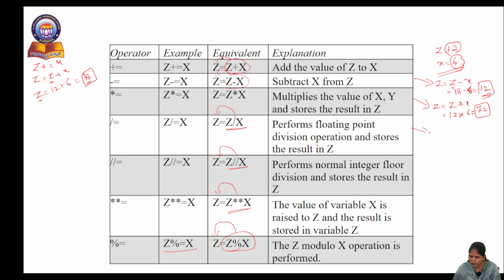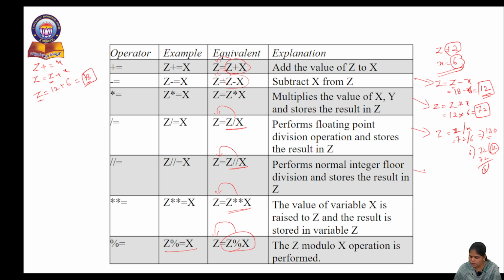Now what will be the output for this? Z equal to z by x. What is the z value? 72 by the x value, which is 6. So what will we get? 6 12s are 72. So the quotient I got here is 12, which will be 12.0.